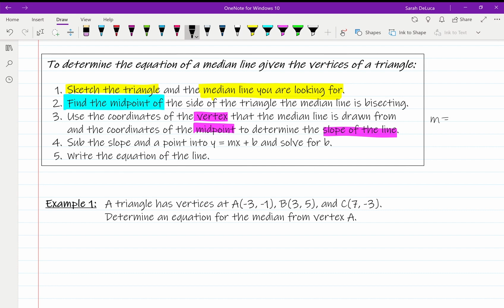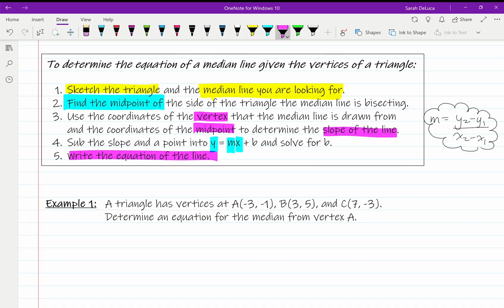Remember, slope is defined as y2 minus y1 over x2 minus x1. So we're going to use our slope formula to figure that out. And then you sub into y equals mx plus b. So you're subbing the slope in, and then you're going to sub in a point as well. So you're going to replace the slope, and then you're going to place one of the points that you have, either the midpoint or the vertex, and you're going to solve for b. And then lastly, you write the equation of the line.